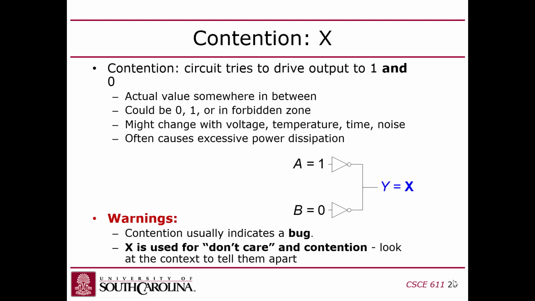If you do that, and if one of the two circuits tries to set it to 1 and the other one tries to set it to 0, what's happening in the circuit is you've got one gate that's trying to pull the voltage up, and the other one's trying to pull the voltage down, meaning one gate is trying to short that wire to VDD, and the other is trying to short that wire to ground.